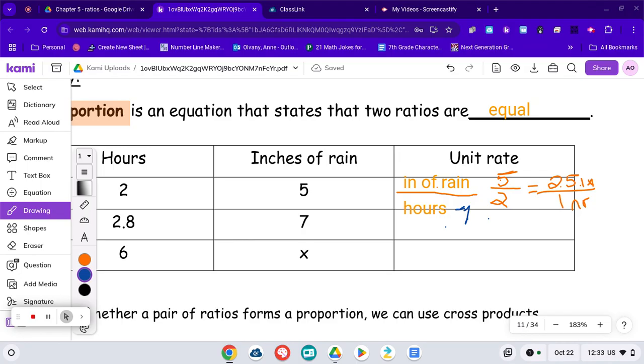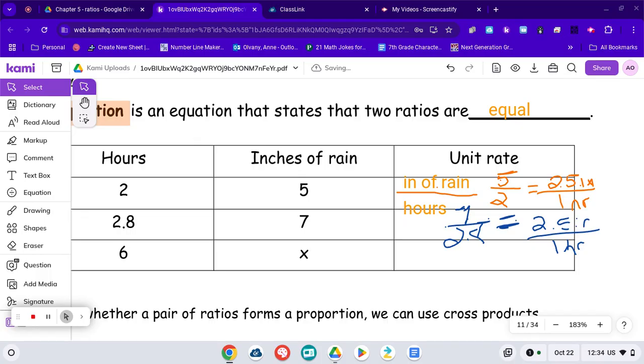I'm on my Chromebook if you can't tell. So 7 divided by 2.8, again, this is a decimal, is 2.5. 2.5 inches in 1 hour.